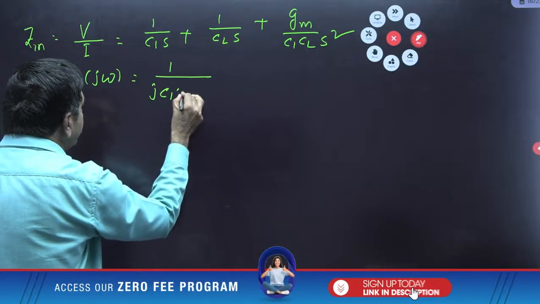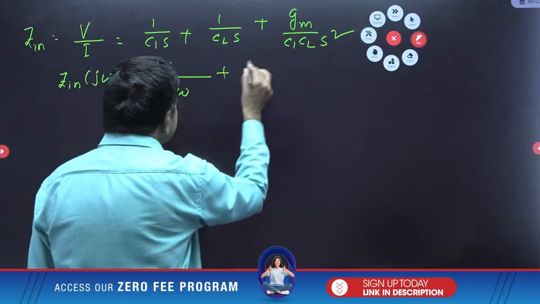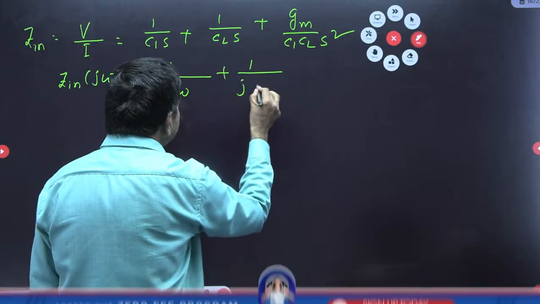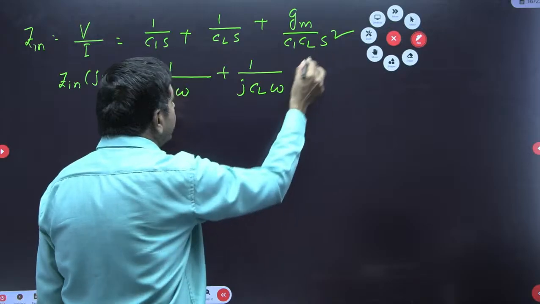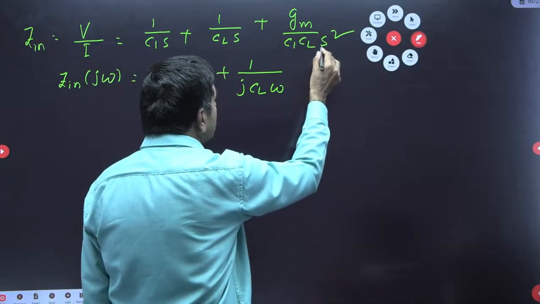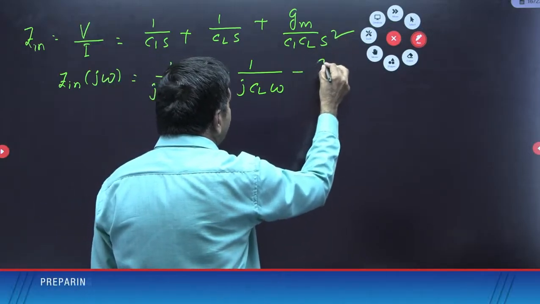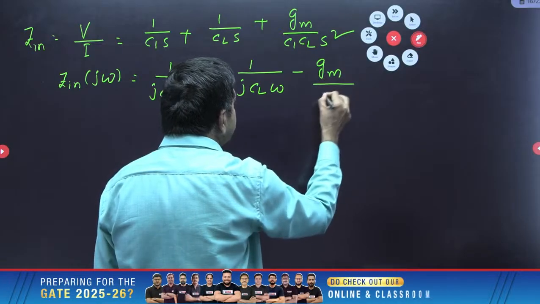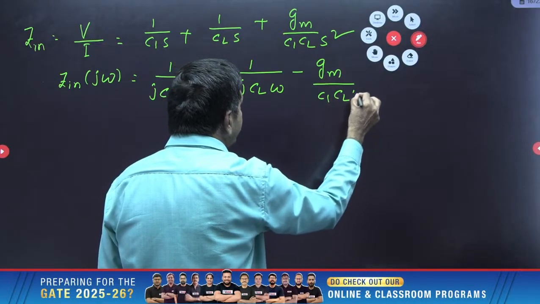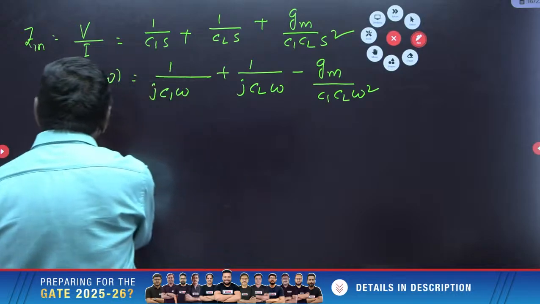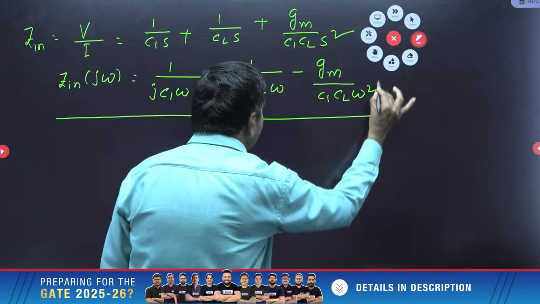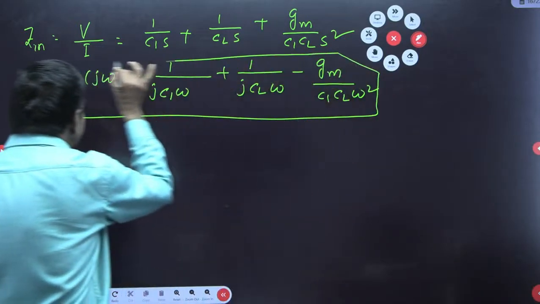S means J omega, and J square is minus 1. So I get minus GM by C1 CL omega square. Finally, this is going to be the solution for this question.